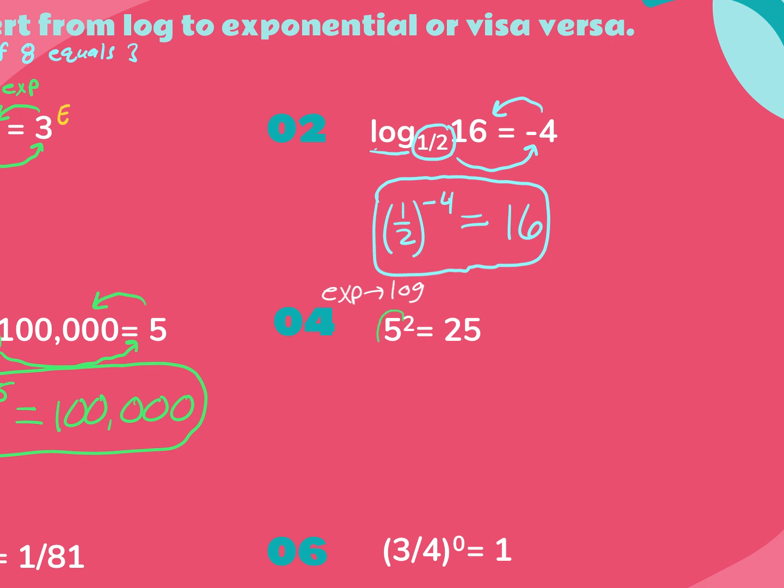Our base in an exponential expression is whatever has the exponent. So I'm going to write a log, and our base here is 5, and I'm going to draw an arrow. It's going to be log base 5 of 25 equals your exponent, and your exponent in this case is 2.